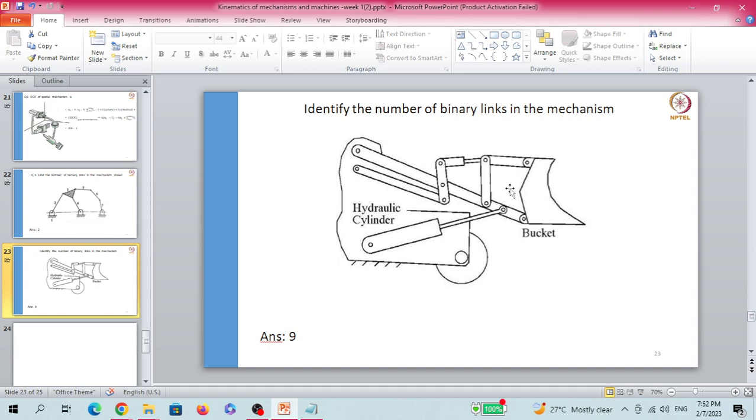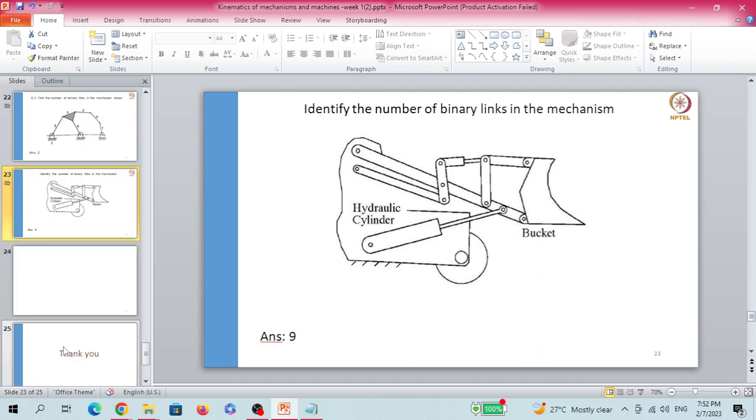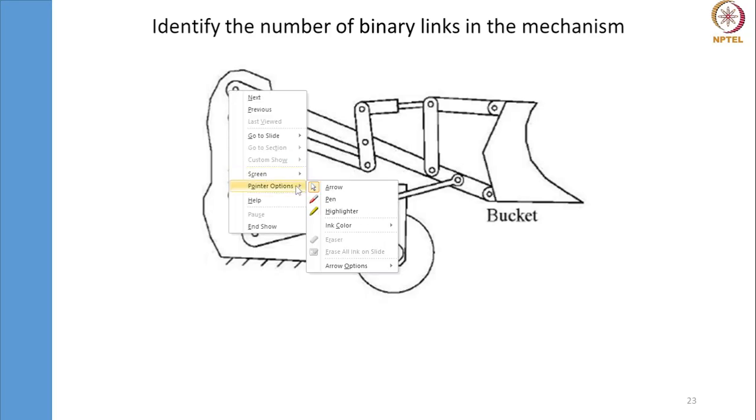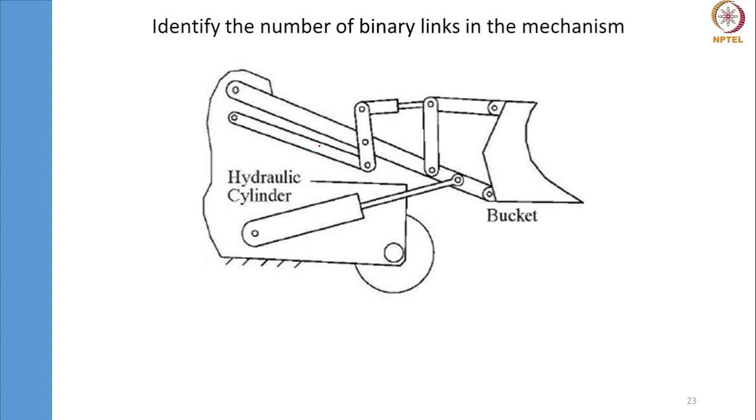In your diagram, there is one link which is connected to one more link, right? I have erased it, in the bucket. Can you help me point it out? Yeah, sure, sir. Near the bucket. When you have drawn the kinematic diagram, this is one link, and yes, this is another link.